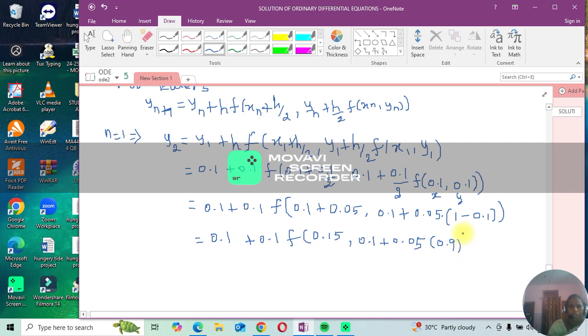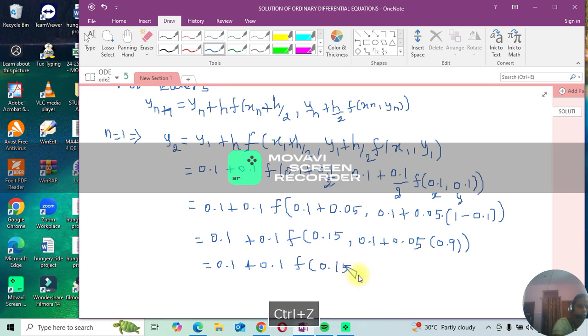1 minus 0.1 is 0.9. So now I am multiplying 0.05 and 0.9, then I am adding with 0.1. So 0.1 plus 0.1 into f of 0.15 comma 0.1.